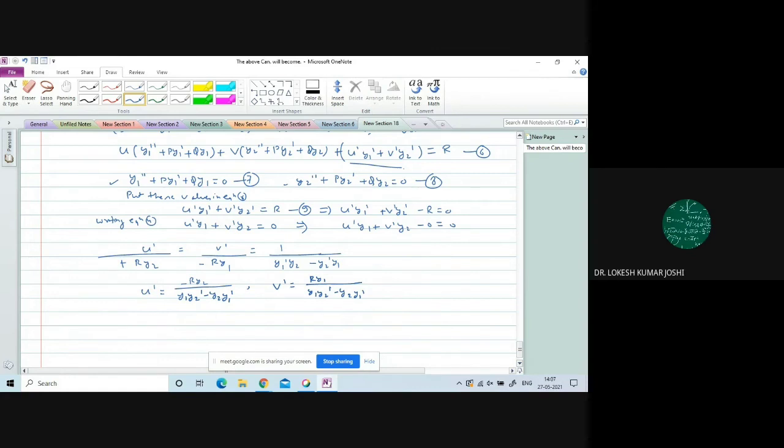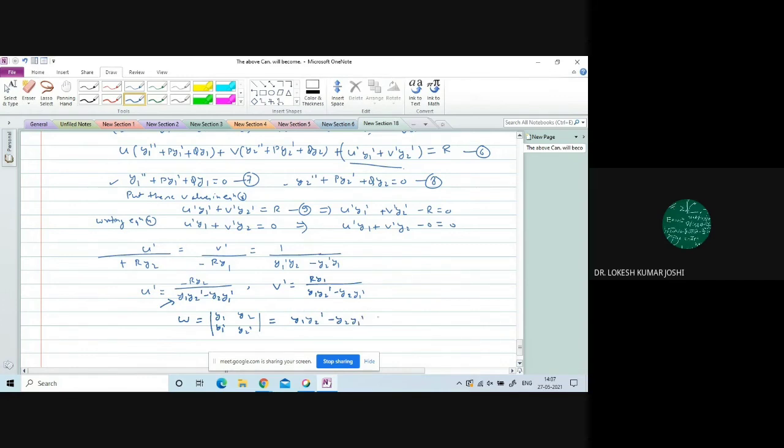If we see this term, this denominator is denoted by the Wronskian of y1 and y2. We can replace this denominator by w, and this is nothing but the determinant of y1 y2, y1 dash y2 dash. If we simplify it, we get y1 y2 dash minus y2 y1 dash.